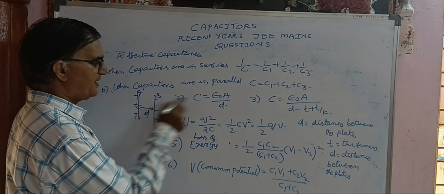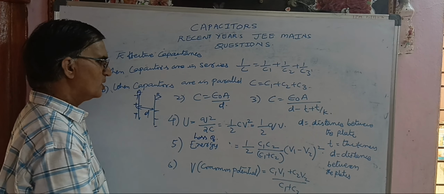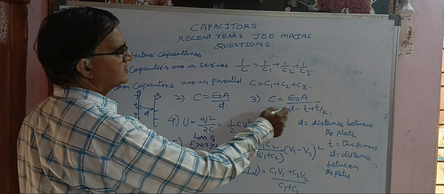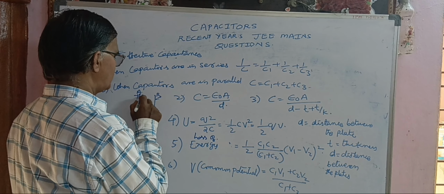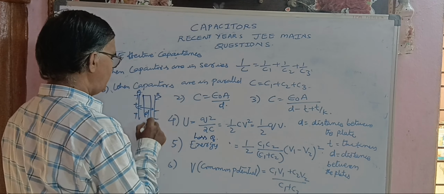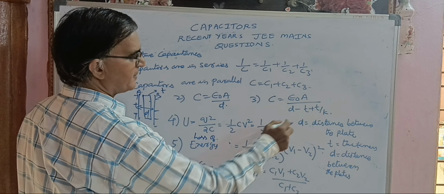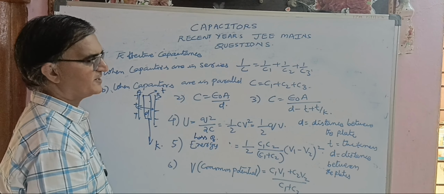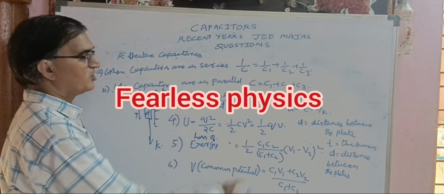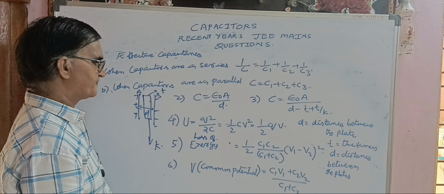Taking air as the medium, C is equal to epsilon naught A by D. Now, another formula is, suppose you keep a dielectric of thickness T in between the plates, then D is the distance between the plates, K is the dielectric constant for that particular material, then we have epsilon naught A by D minus T plus T by K is the formula.